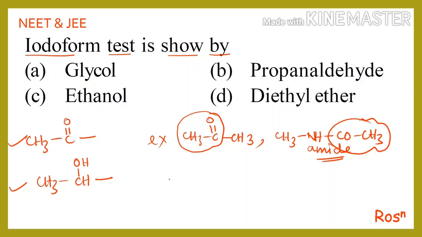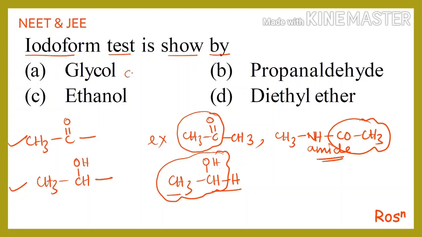Clear? Now, the next example, CH3CH2OH, which contains CH3CHOH group, so it gives iodoform reaction. Clear? Okay, let's see the options.